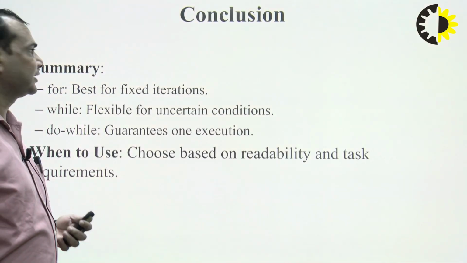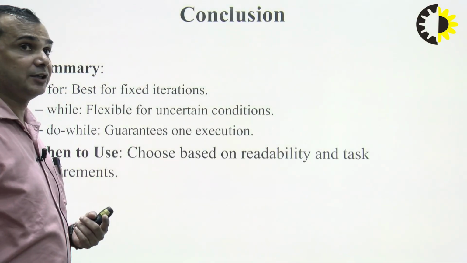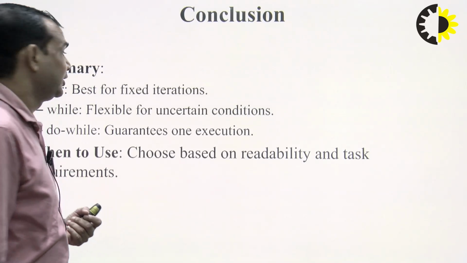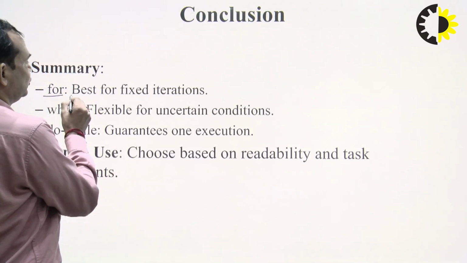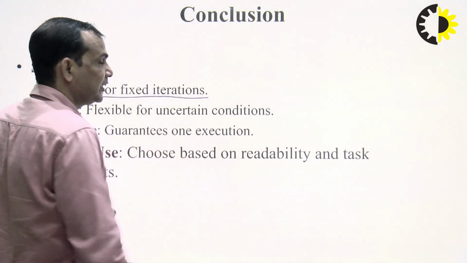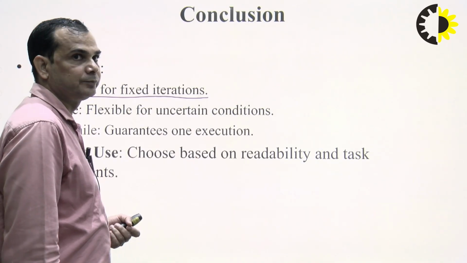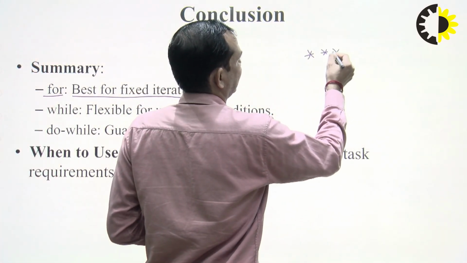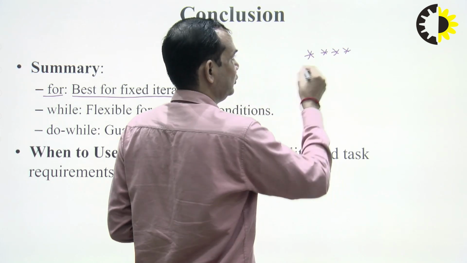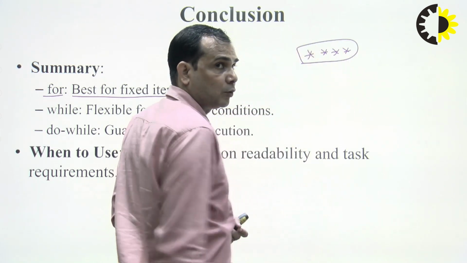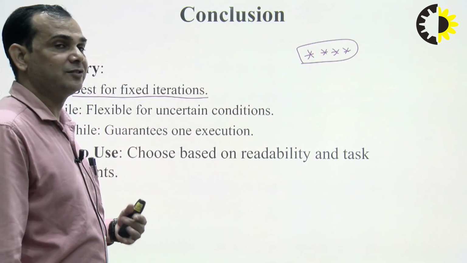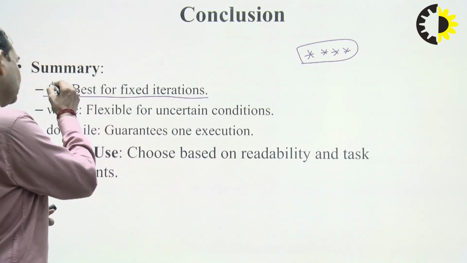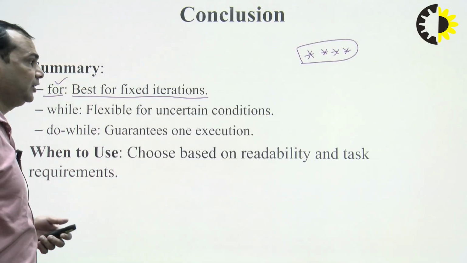And what is the main conclusion? Which one is the best practice to use? The best is, if the number of iterations is known, suppose we have to write some lines and print 4 stars. We need 4 as the output, so we know the iterations. If we know the iterations, the best one is the for loop.